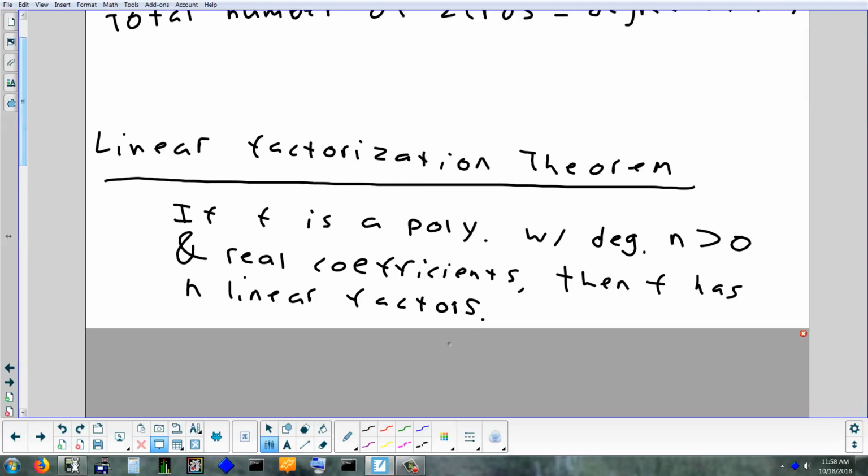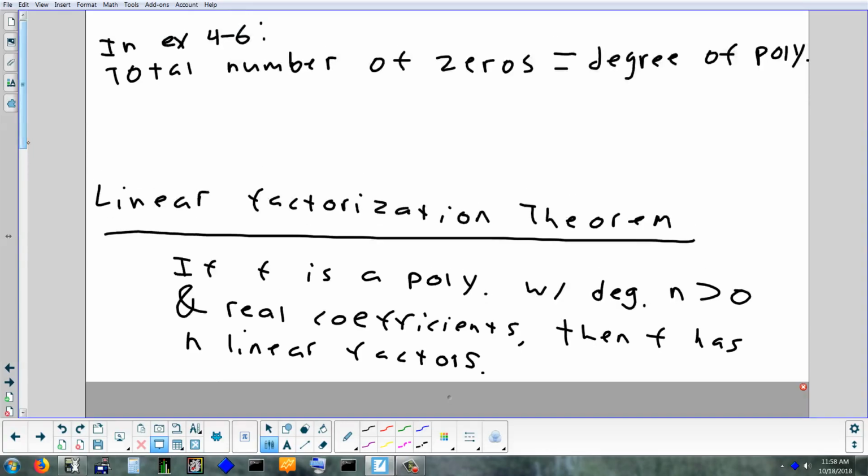And remember, since roots and factors are the same thing, if 2 is a root, x minus 2 is a factor. If 8 is a root, x minus 8 is a factor. Well, that means you always have the same number of roots as you do factors.